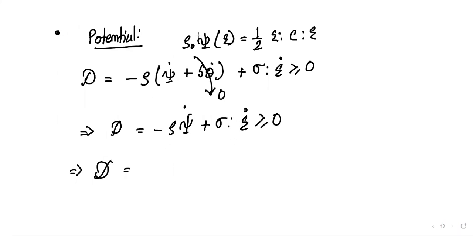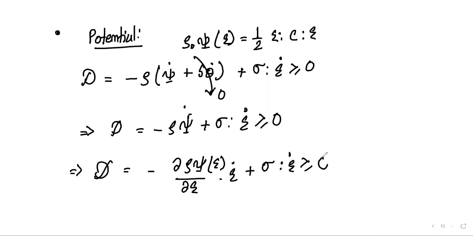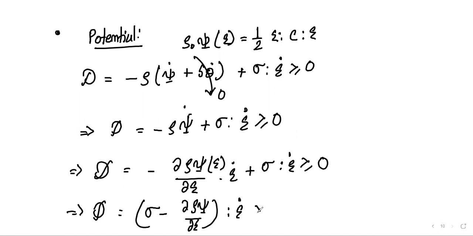So minus the derivative of rho psi with respect to epsilon, dotted with epsilon dot, plus sigma contracted with epsilon dot is greater than or equal to 0. That is, sigma minus the derivative of rho psi with respect to epsilon, dotted with epsilon dot, is greater than or equal to 0 for all epsilon dot.